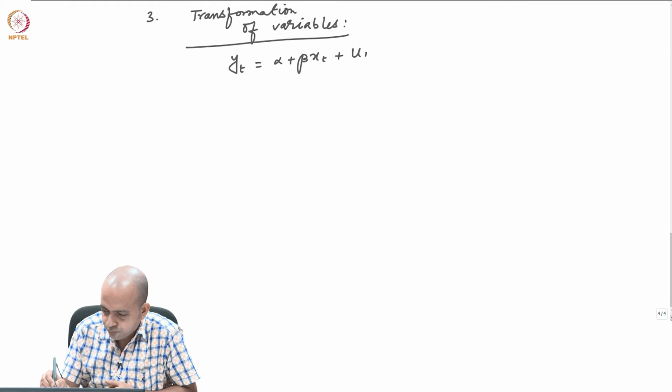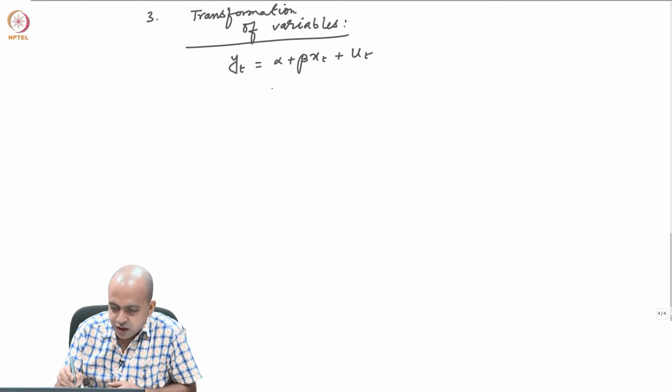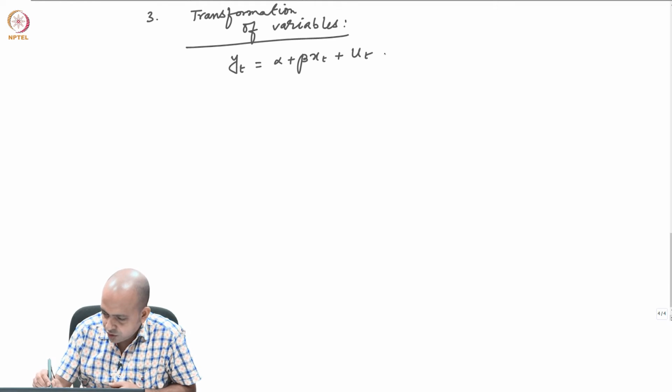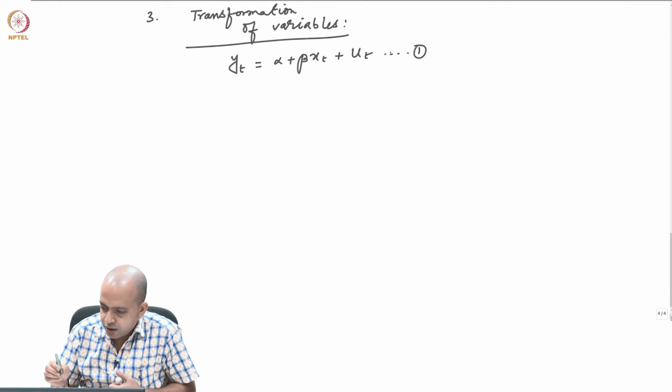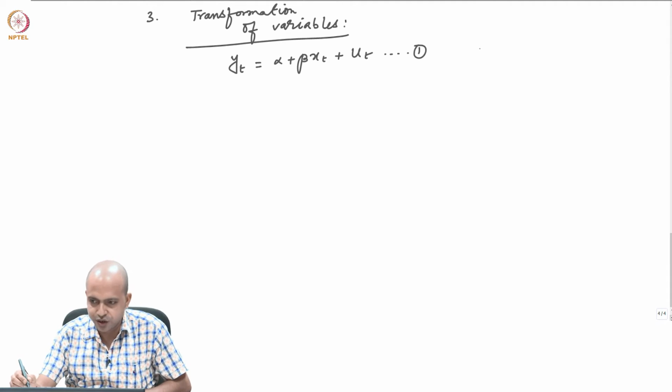plus u t, and for some reason you are taking the first difference of both y t and x t. So, if this is equation 1, we assume that this u t follows all the assumptions of the classical linear regression model.